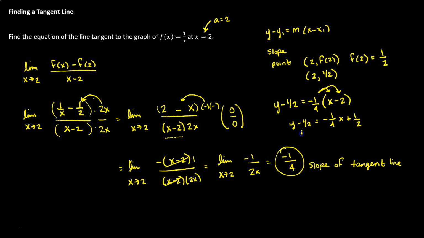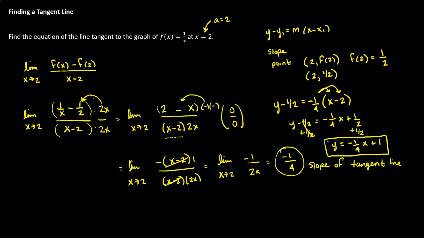Our last step is to add 1/2 to both sides so that we have y equals -1/4 times x plus 1. So that, we think, is the equation of our tangent line.